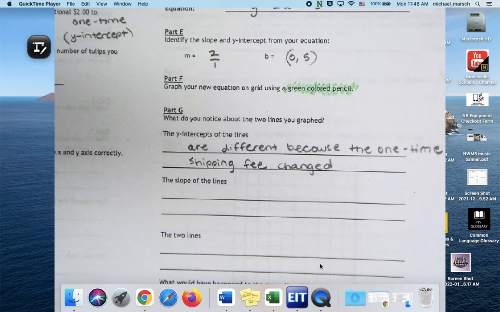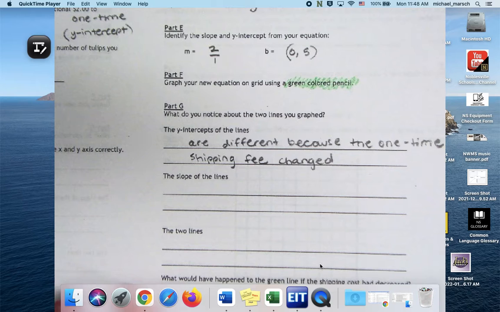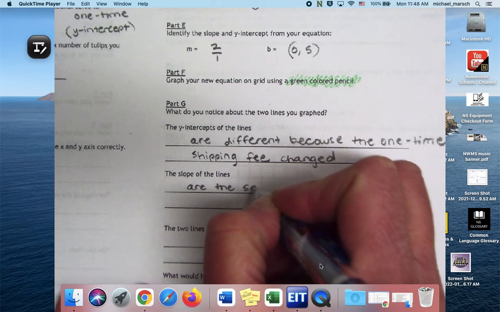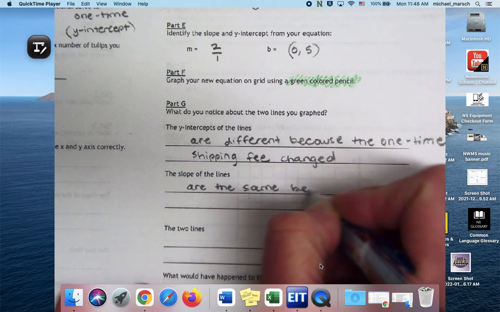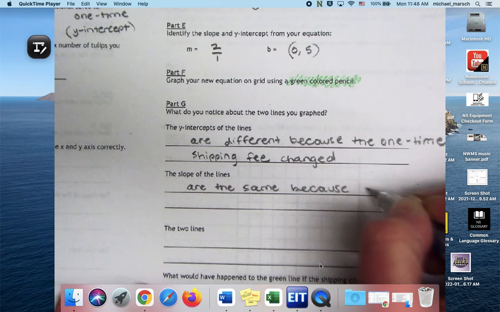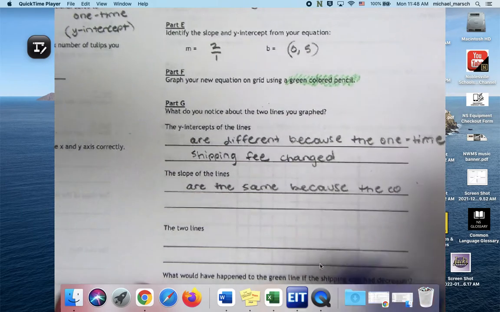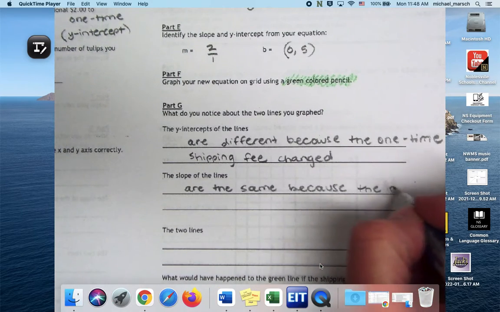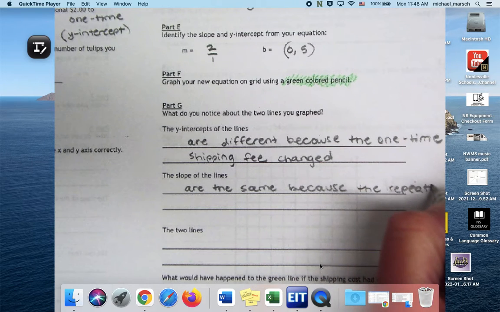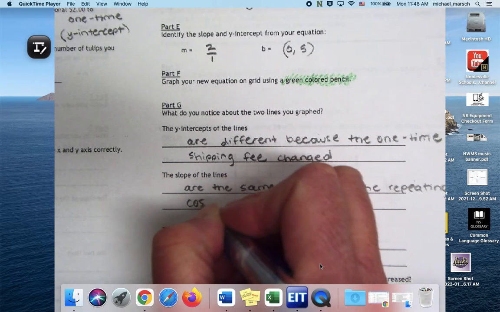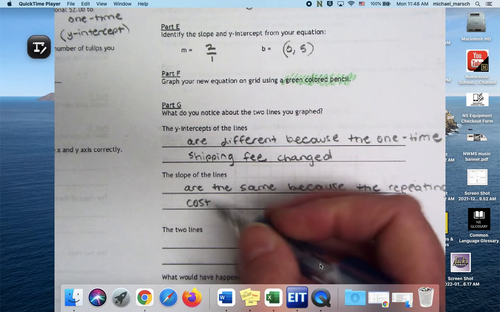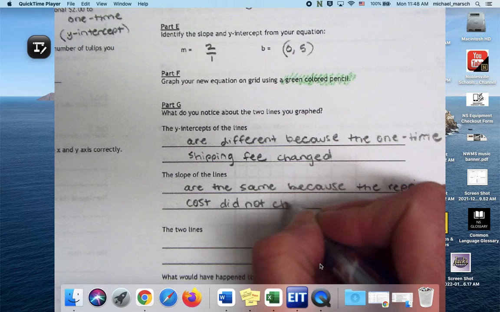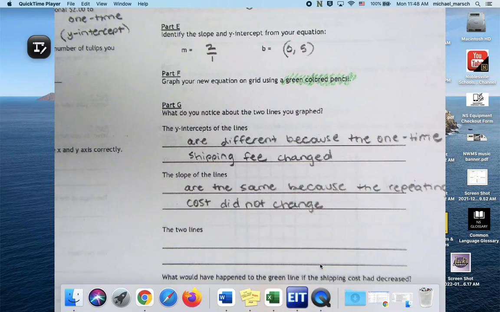Okay, we kind of talked about this already. We noticed that the slopes are the same, because the repeating cost did not change. Right?